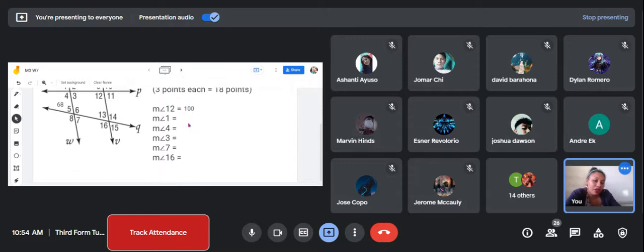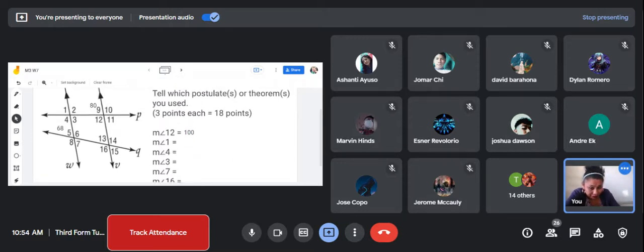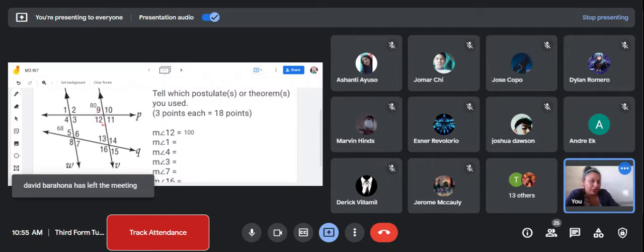Right? Yes? Next. Over here, I have a straight line. This is a straight line, right? This straight line measures 180 degrees.